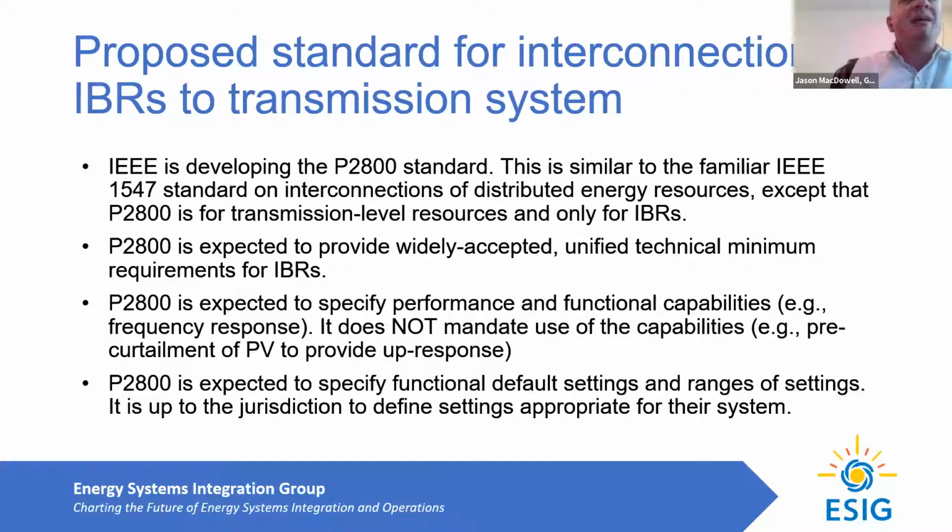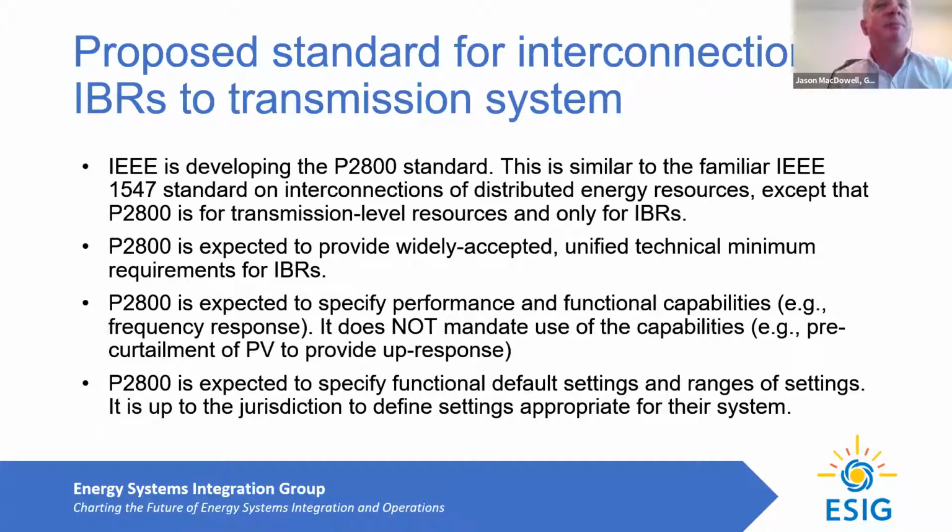Today, there's a new standard that has been developed. It's called IEEE P2800, and it just went through its final balloting process. And this standard really is similar to IEEE 1547 for distributed energy resources that specifies certain performance of inverter-based resources to support the grid.